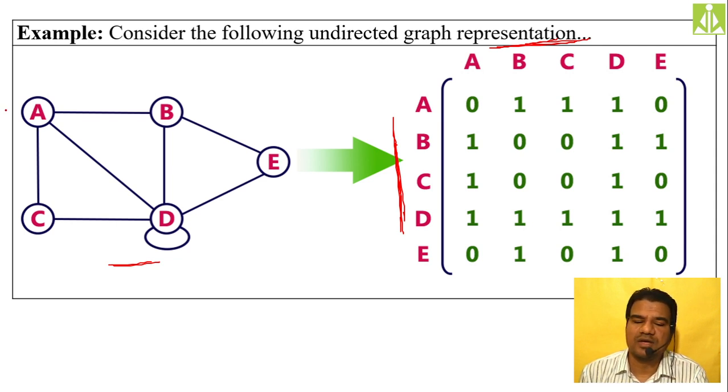No, we don't, because all my edges starting from A go towards another vertex. This particular edge starts from A but does not reach back to A; it goes to B. So in short, from A to A we don't have any edge, but from A to B I have an edge.